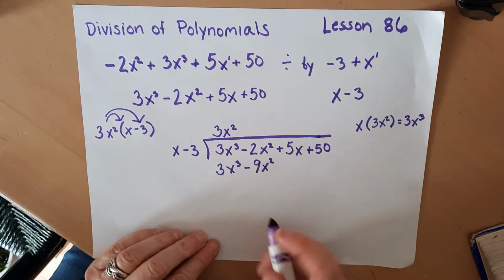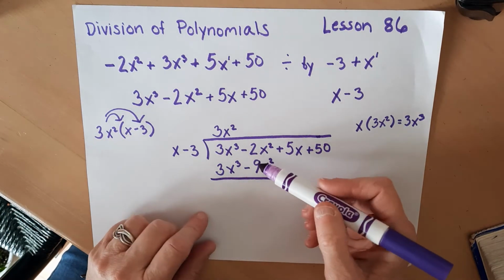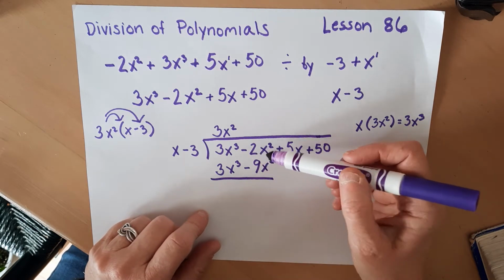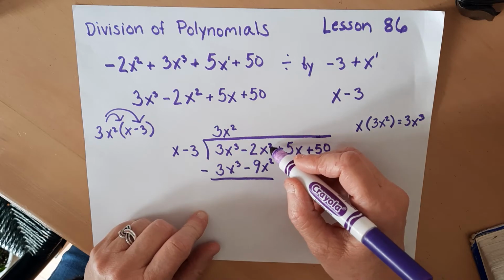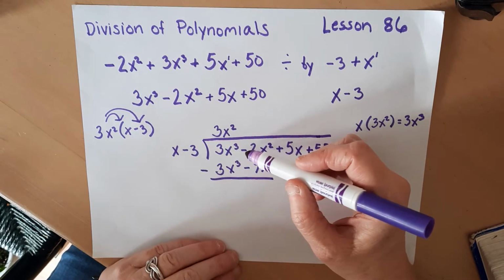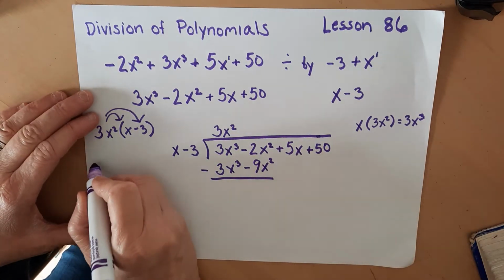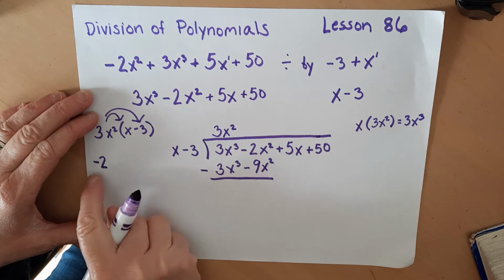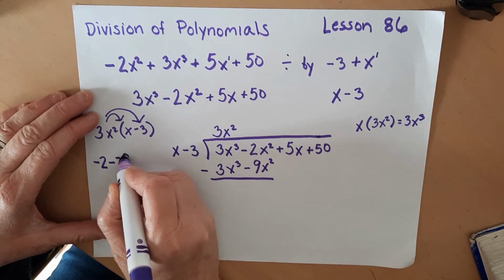Now we're going to draw a line, and just like in long division, at this point you subtract. We're just going to subtract this x squared line right now. We have negative 2x squared minus 9x squared. Be very careful to watch the sign. It's as if we're saying minus 2 minus a negative 9.